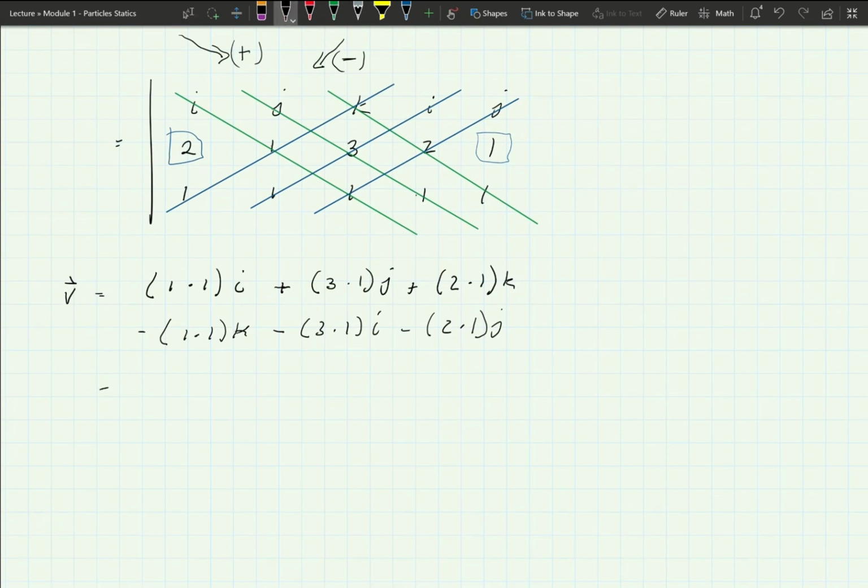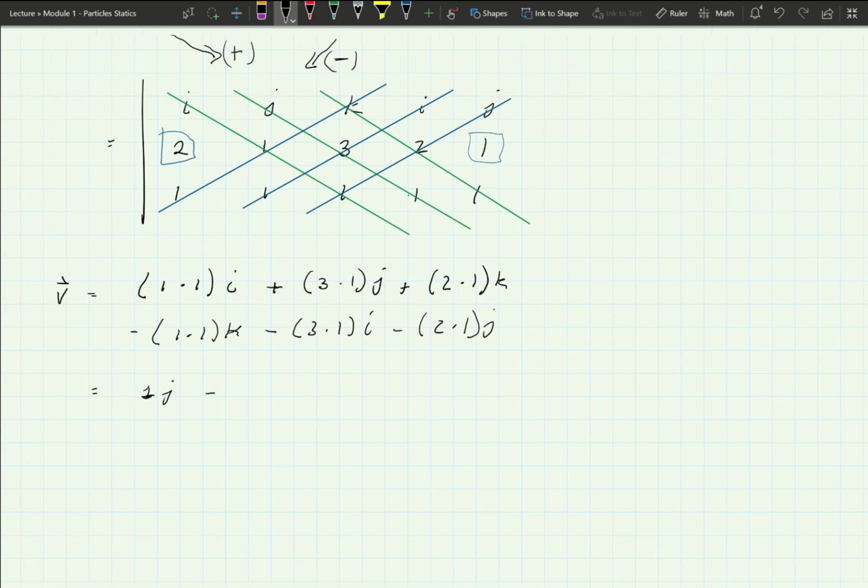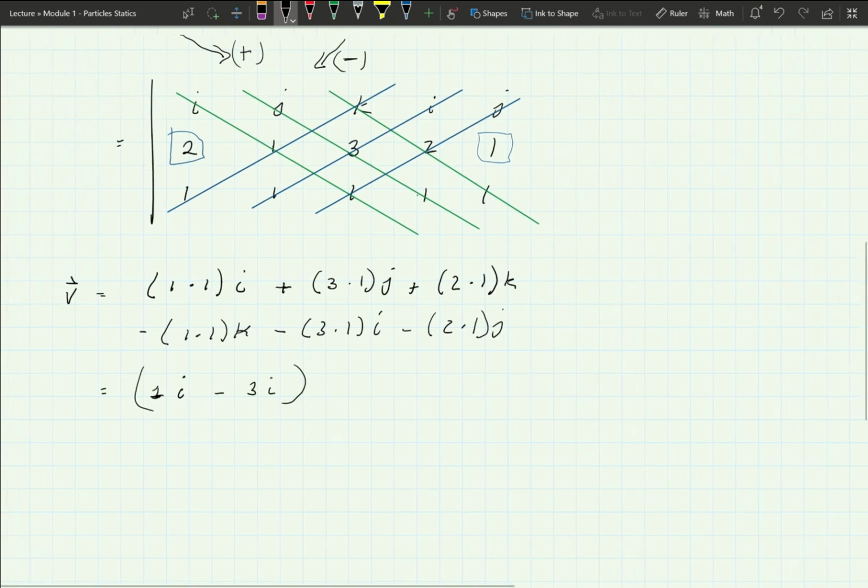All right, now let's bring things together. So I can do this as 1 times 1 is 1, so 1 times i, minus my other i, which is 3 times 1. So that's 3i. Let's put those inside of parentheses.